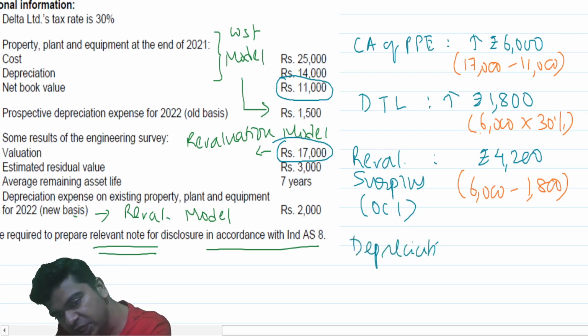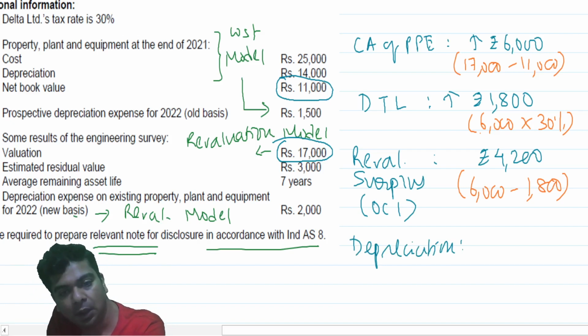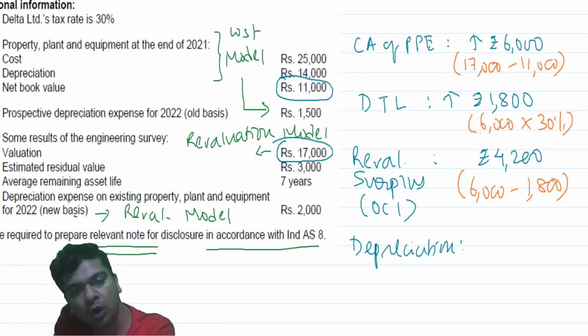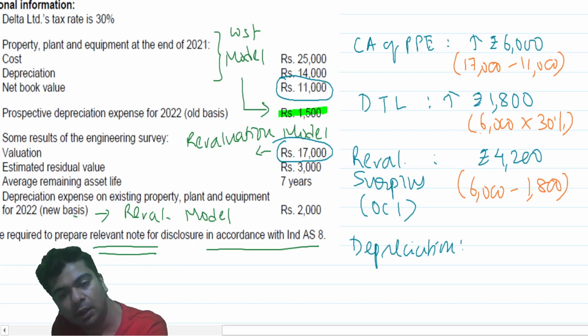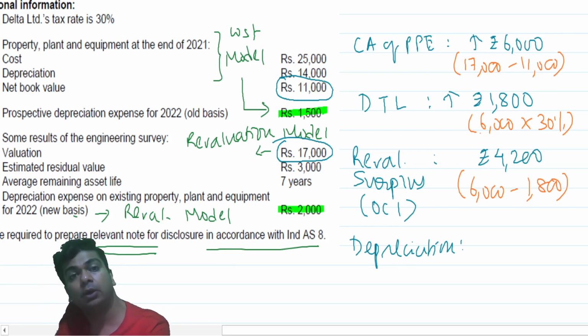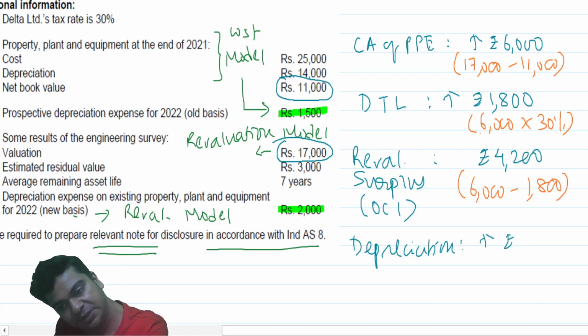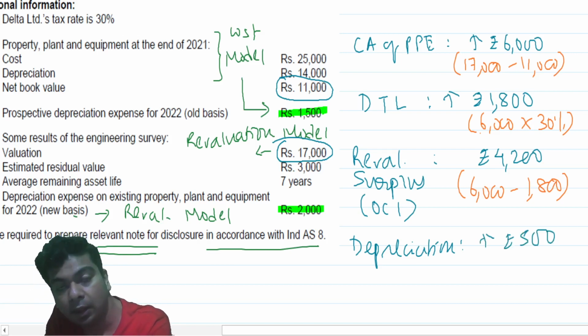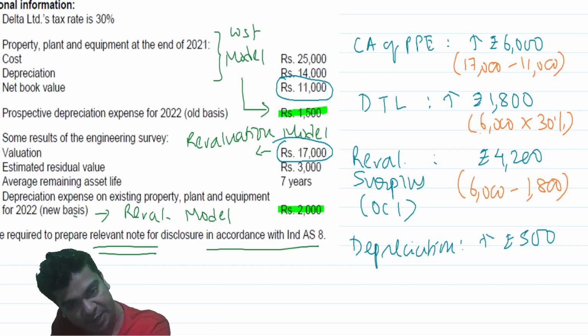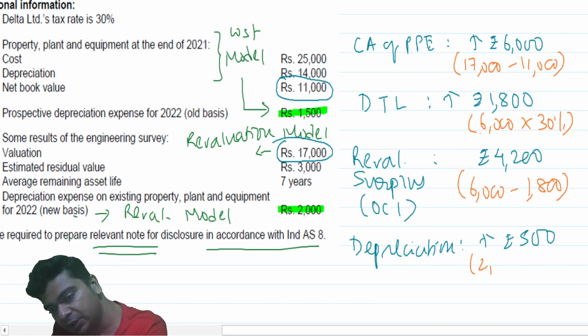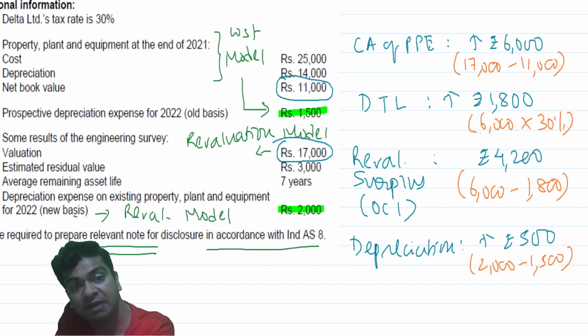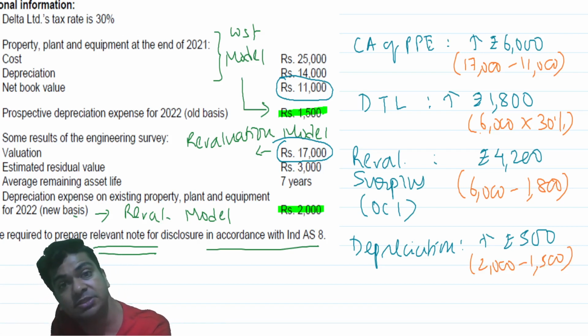Depreciation. There will be a change in the depreciation also. Earlier your depreciation was 1,500. Now your depreciation will be 2,000. Depreciation will increase by rupees 500. How are you getting this? By comparing the two amounts of the depreciation. If depreciation is increasing, depreciation is an expense. Expense will be debited to the P&L.